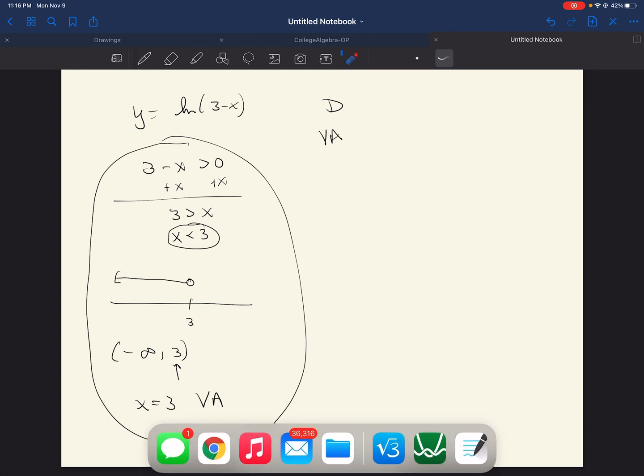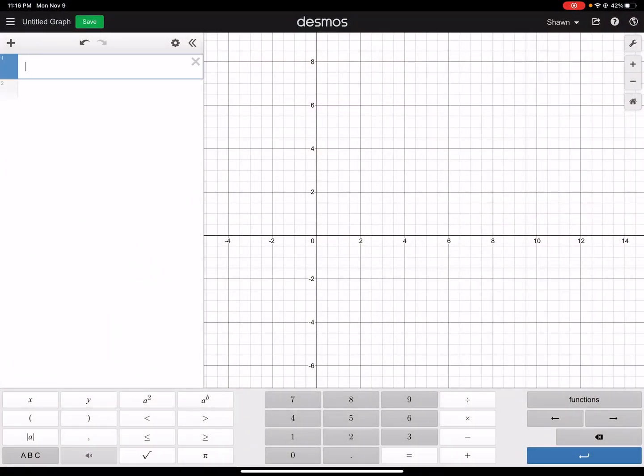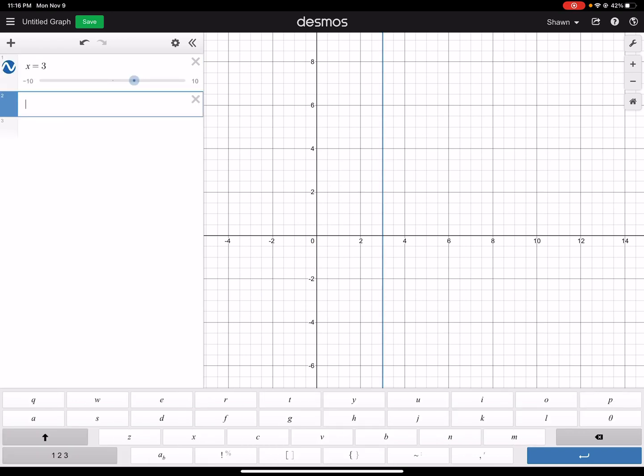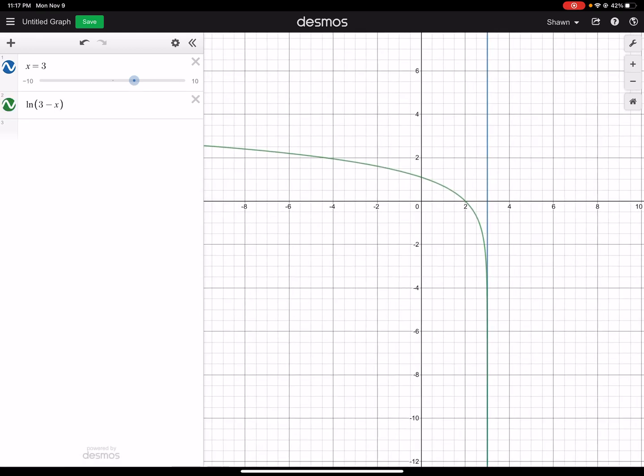But now watch this. Now we're going to look at the graph. So ln of 3 minus x. Before we do anything, I'm going to put x equals 3 in there. Notice on this graph, it is defined all the way up to 3, but it's not defined after 3.